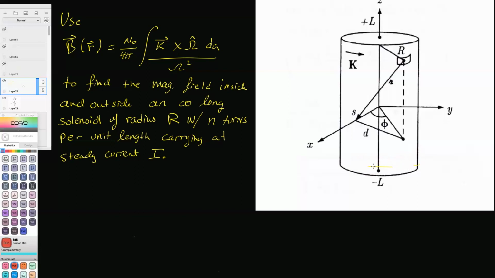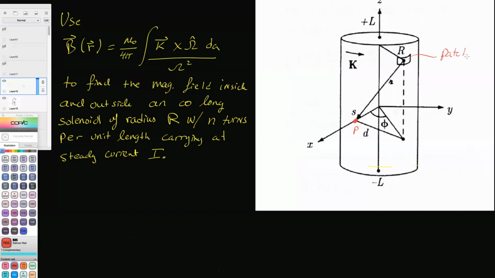Okay, so what we're going to do is we're going to put the field point on the x-axis. That's where this point is right here. So we're going to have the field point right here. It's going to be s. And then we are going to look at a little patch of that current that's up here.